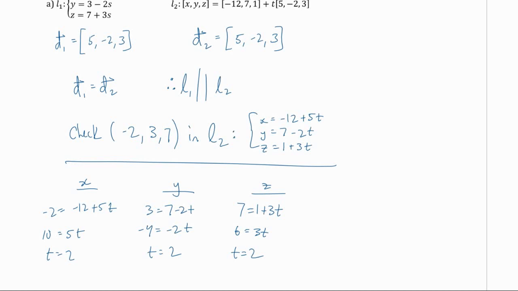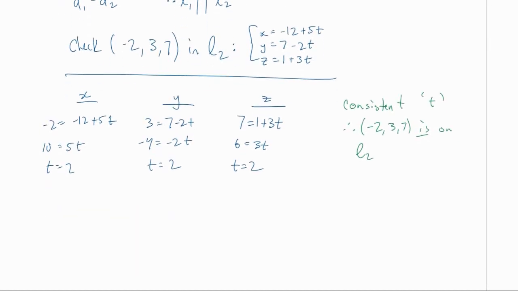So over here, I'm going to say consistent t. Therefore, the point -2, 3, 7 is on line 2. And that is not necessarily part of my solution that I have to write out, although I think it's a good idea to say that therefore the point's on the line.